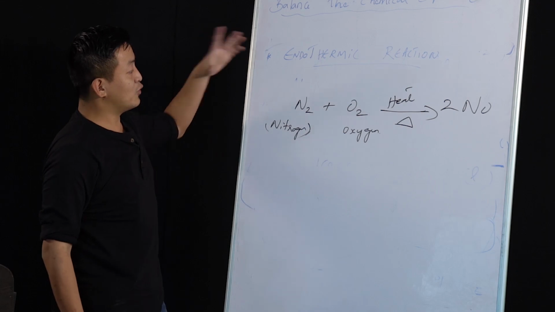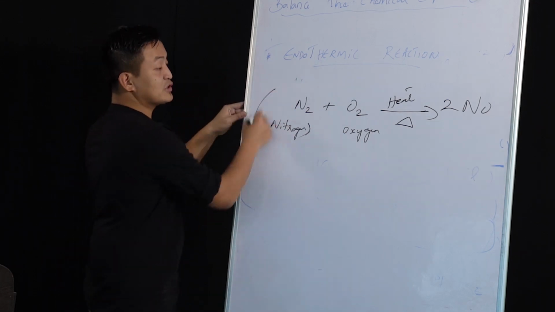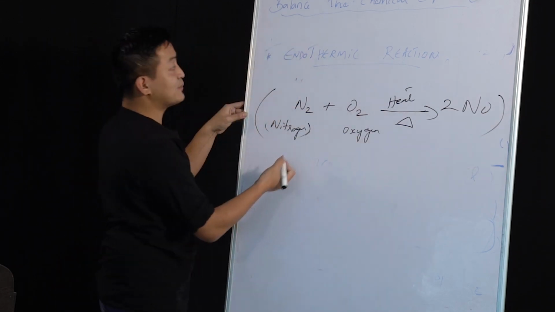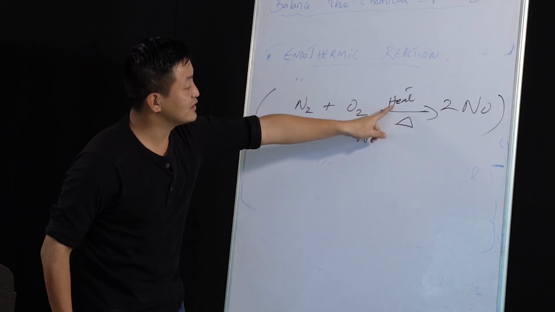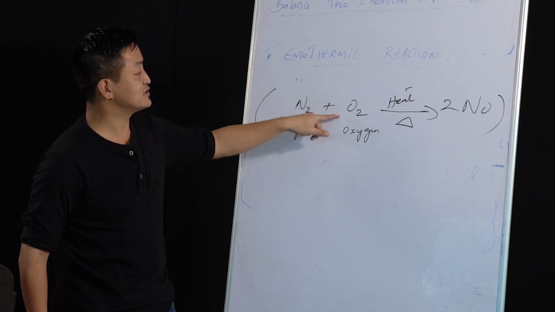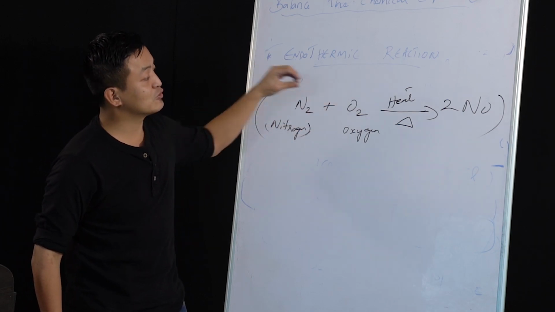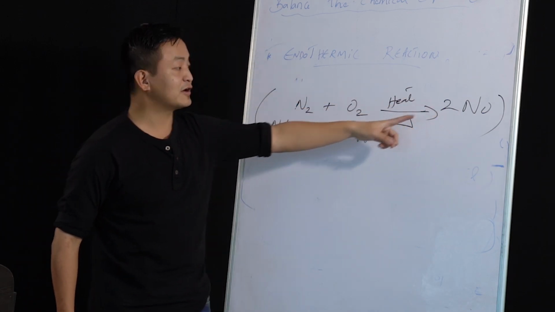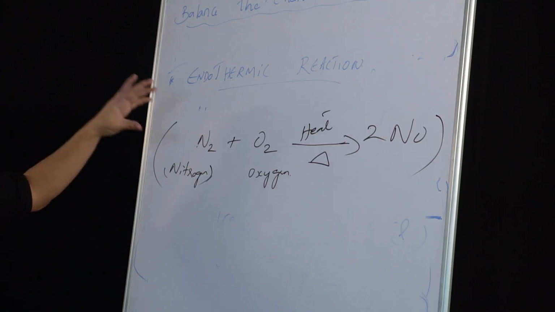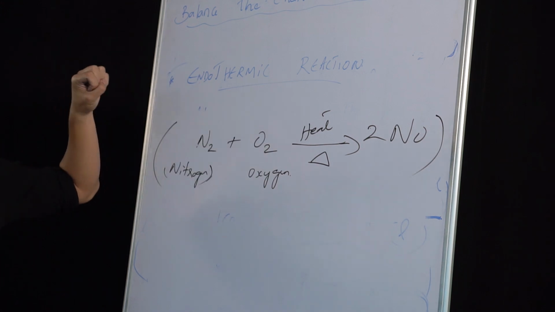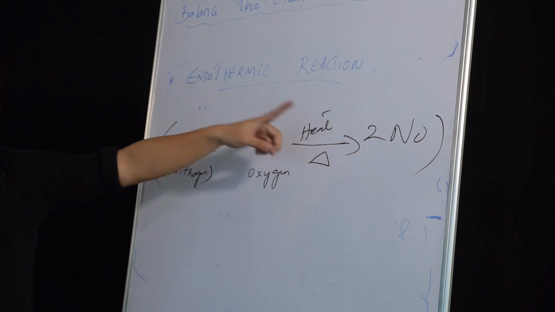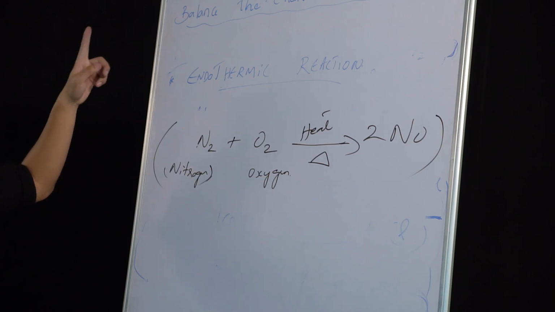The given equation here is an example of an endothermic reaction because I have written heat here. This nitrogen and oxygen are absorbing heat to give nitrogen oxide. Clear? Let me repeat it. Nitrogen and oxygen are absorbing heat to give nitrogen oxide. So that means this is an endothermic reaction.